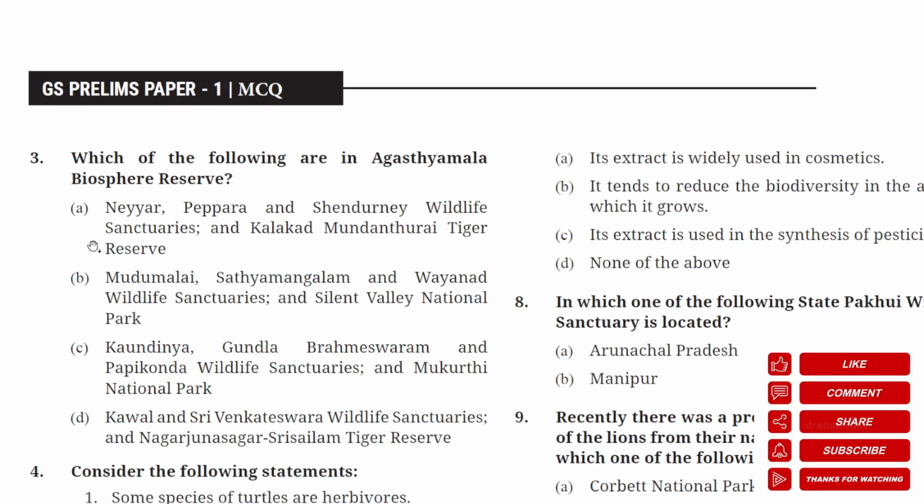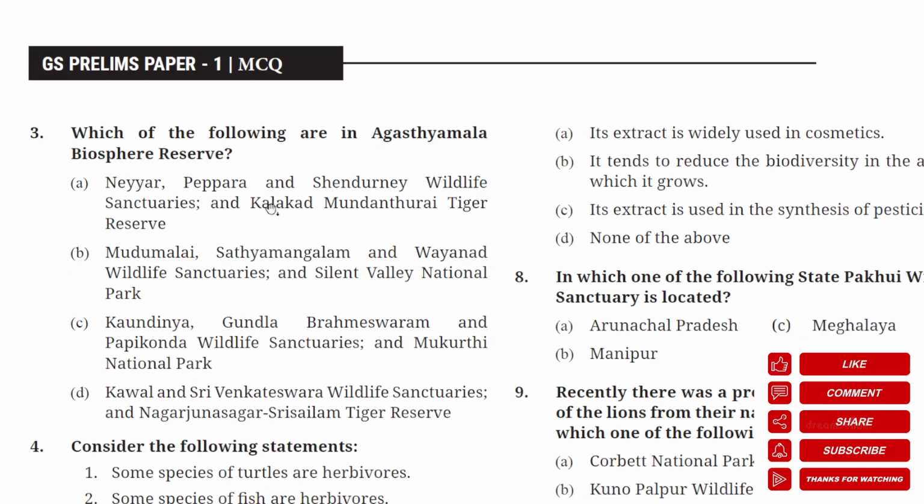Which of the following are in the Agastya Malai Biosphere Reserve? Nayar, Peppara, and Shendurney Wildlife Sanctuaries in Kalakad; Mudumalai, Satyamangalam, Wayanad, Silent Valley; Kaundinya, Gundla Brahmeshwaram, Papikonda, Kawal, Sri Venkateswara Wildlife.